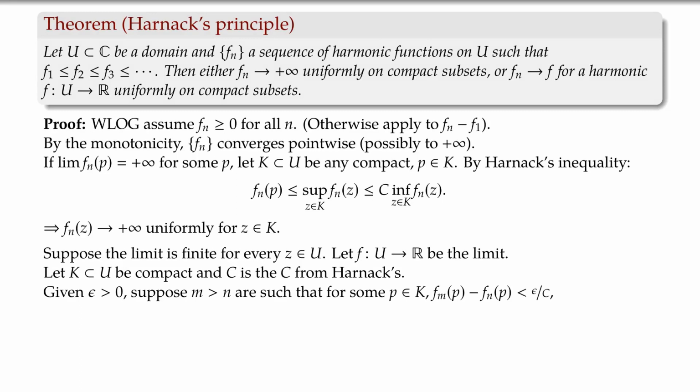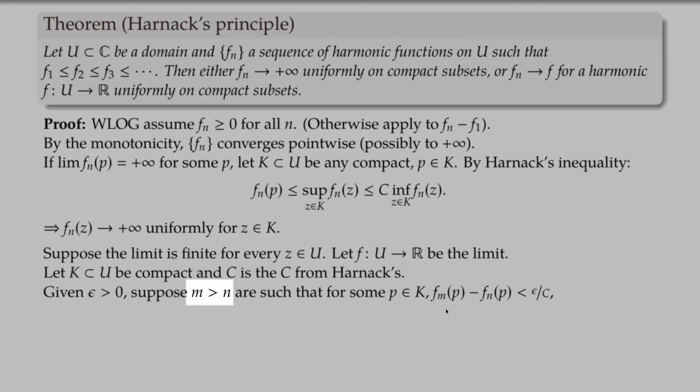Now, given any epsilon, suppose that m and n are such that we get this inequality. Well, why can we do that? Because at some p we have a Cauchy sequence, right?